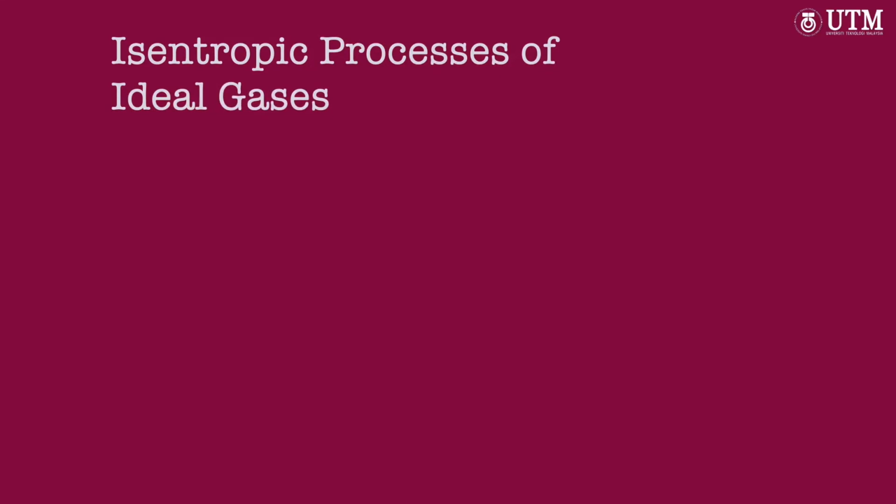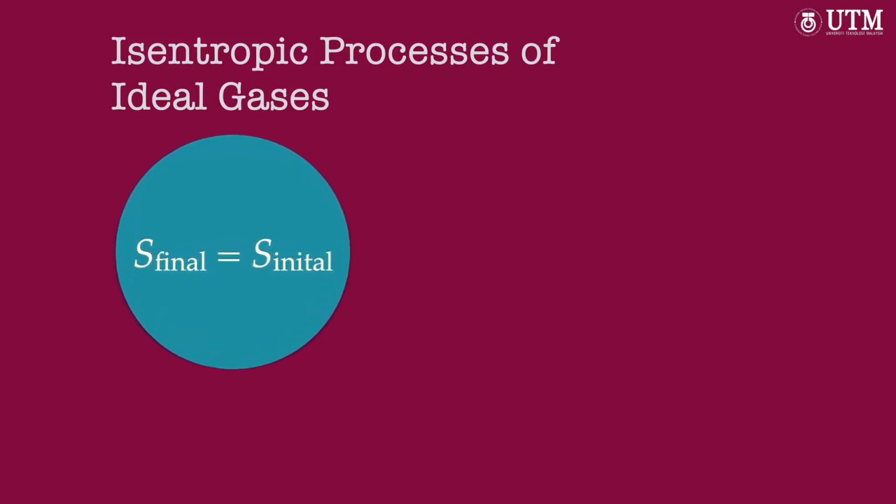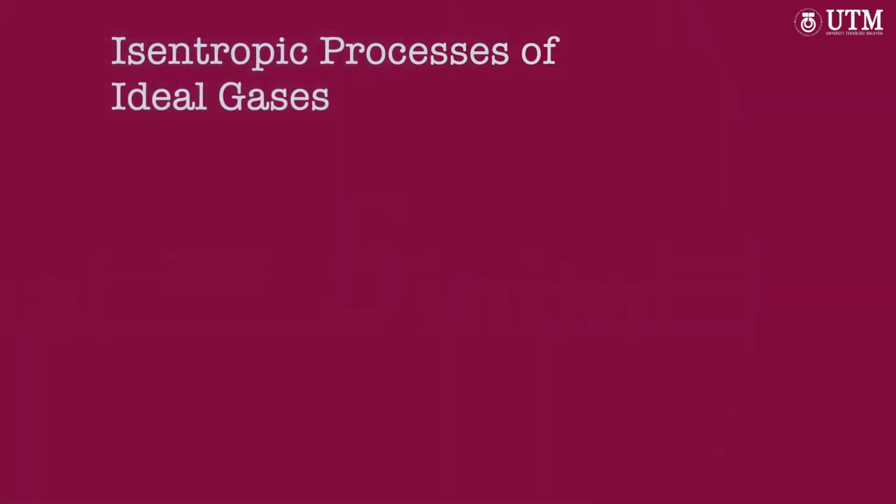An isentropic process means the system's entropy change during a process equals zero. That is, the entropy at the final and initial states is identical, or constant. Suppose a system works with ideal gases as the working fluid and experiences an isentropic process.